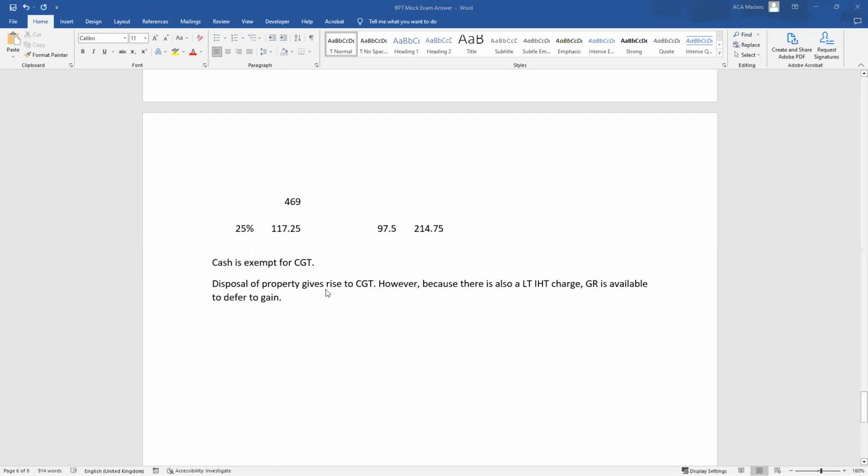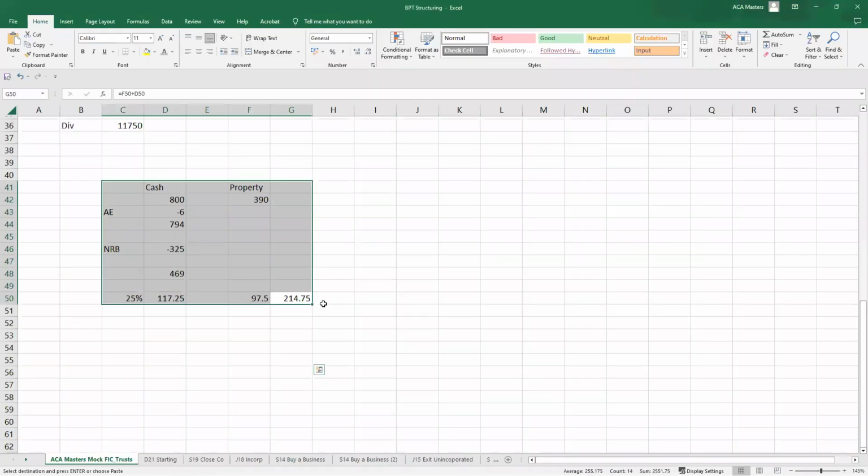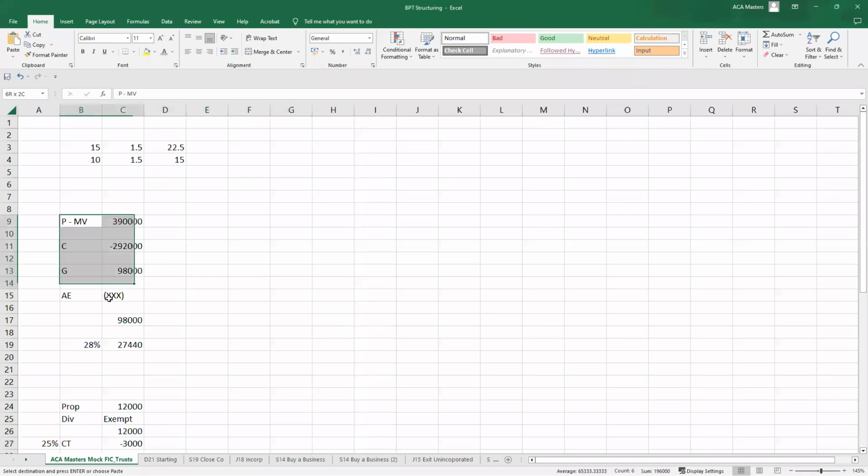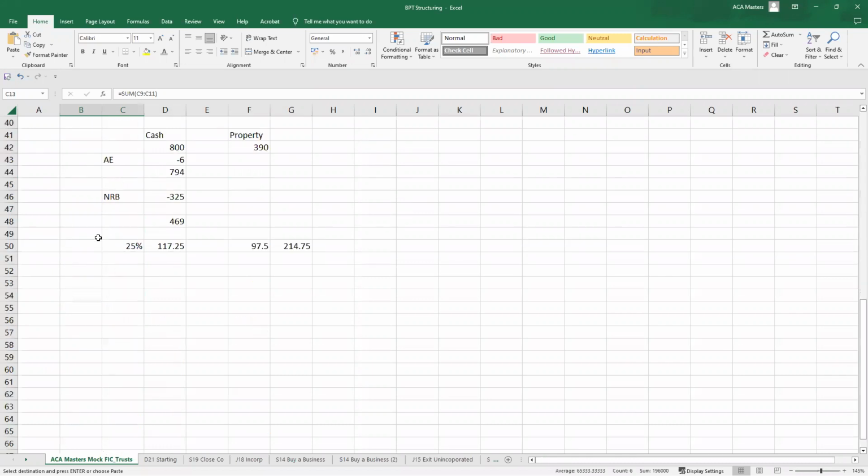So of course, in theory, what's really happening is it's disposing of the property, has this gain. So proceeds minus cost equals gain. However, there's this special type of gift relief which is available, so it doesn't have to pay tax on the gain now. But like all of these CGT reliefs, usually the next person would get it at the market value when it was transferred to them.